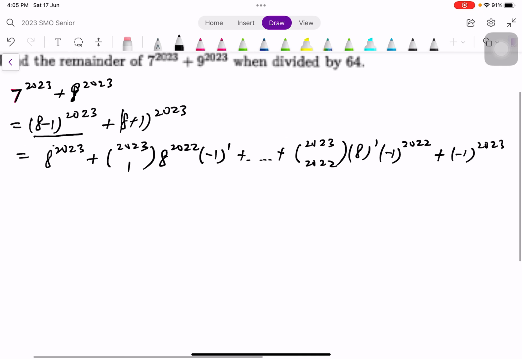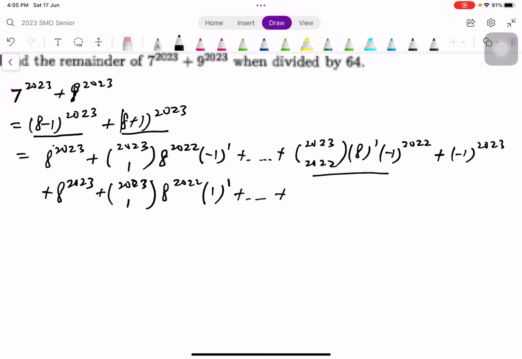Then for the second expansion, here, this would be 8 to the power of 2023 plus 2023 C1, and then this is 8 to the power of 2022, and then 1 to the power of 1, right? And then you go all the way to the second last term.